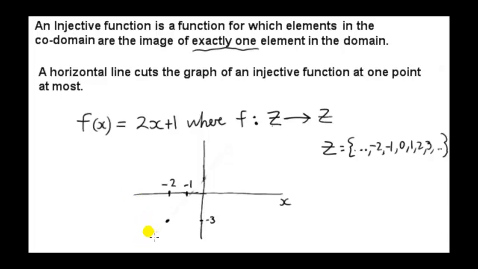I'm not going to show -3 or -4, I'll just show a small subset of Z. So 2 times -1 is -2, plus 1 is -1. So that's about here. So you can see that our graph is not going to be a continuous line or curve. It's going to consist of discrete points. As for f of 0, we're going to get 0 plus 1, which is 1. And so on.